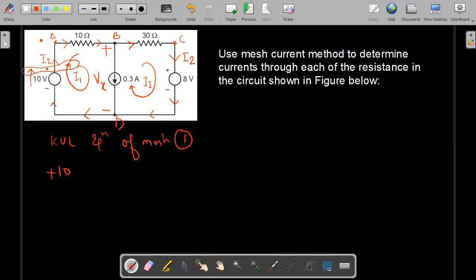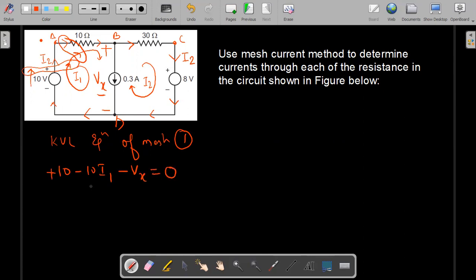Then here the direction is matching, but we'll take this negative in case of resistance. So it is 10 I1, and now here the current is from positive to negative. So this Vx will be taken as minus Vx, so it is equal to 0.